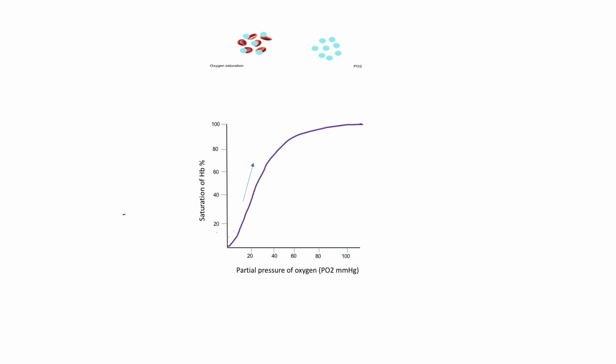And this is due to the increase in affinity of hemoglobin after binding to oxygen. However, this curve plateaus when most of the oxygen binding sites of hemoglobin are occupied. And oxygen saturation cannot be further increased when hemoglobin is fully saturated with oxygen, or when oxygen saturation is 100%.